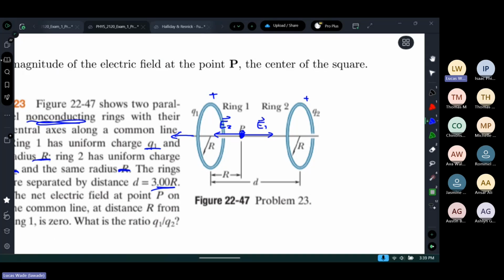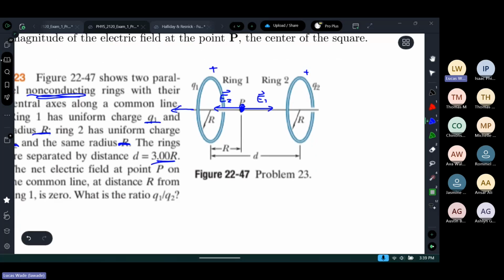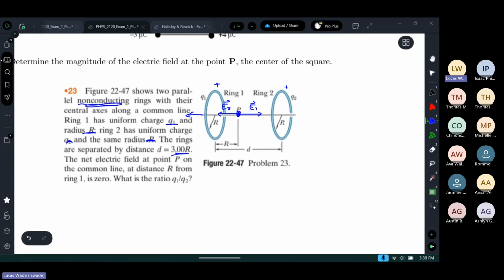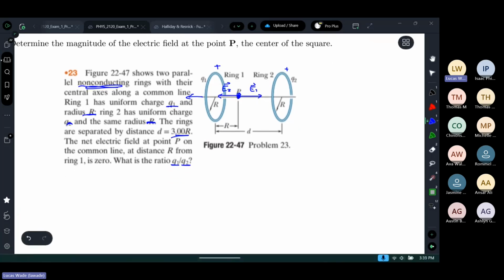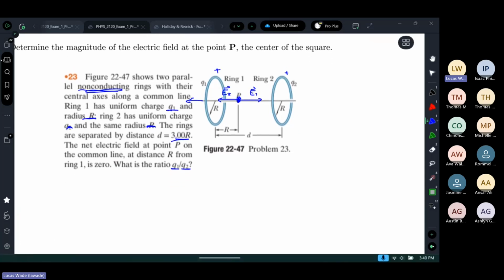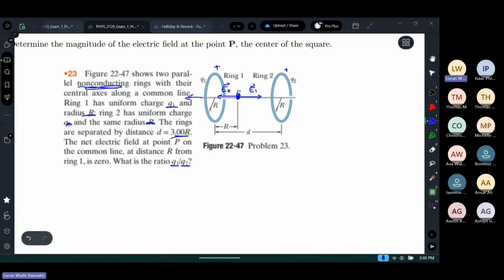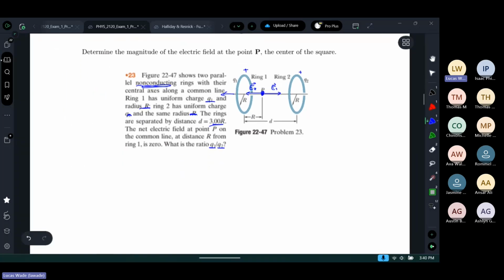If both were negative, it would be the same sort of thing, but both towards. In either case, they're in opposite directions, and that's the only way you're going to get them to cancel. So that means Q1 and Q2 have the same sign, and so I'm expecting a positive number for this, whatever those charges are. I don't know if ring 1 and ring 2 are both positive or both negative, but it's got to be one of those cases. So that's the first thing.